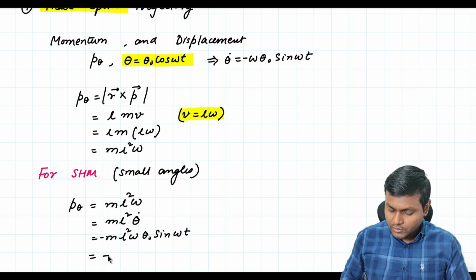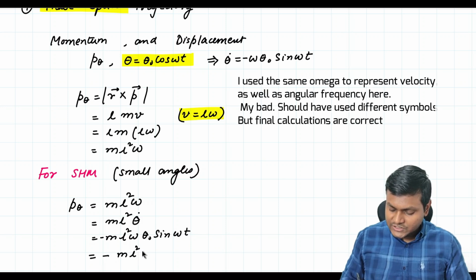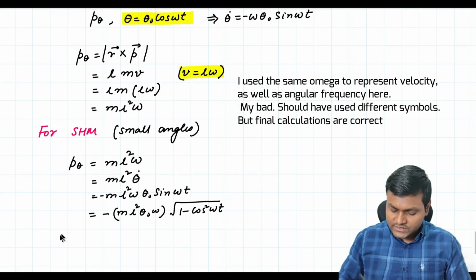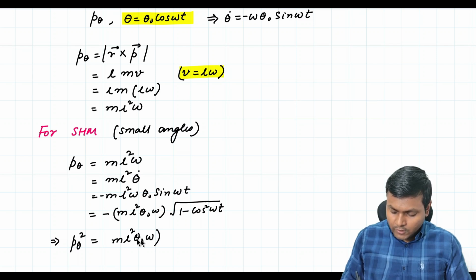This is simply equal to minus m L square theta naught omega into root over 1 minus cos square omega t. If I take a square on both sides, this simply becomes p theta square is equal to m L square theta naught omega whole square into 1 minus cos square omega t.